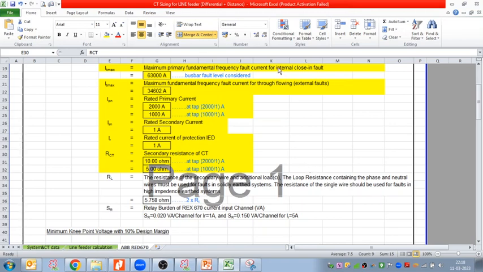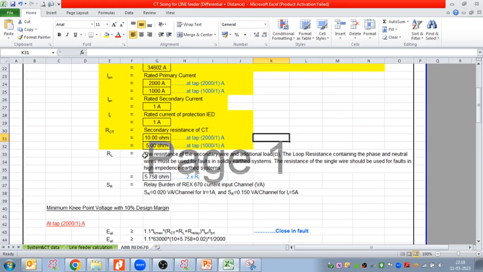Yeah, Richa. Okay. So this RCT is the same as we discussed for the metering core. RL is my lead resistance. The lead resistance we already discussed for the metering core. This is the lead resistance from the CT till the meters. So that is already covered, right? This RL, I hope you are getting the RL. What is the meaning of RL? Please be active on the chat box and tell me whether you are getting it or not.